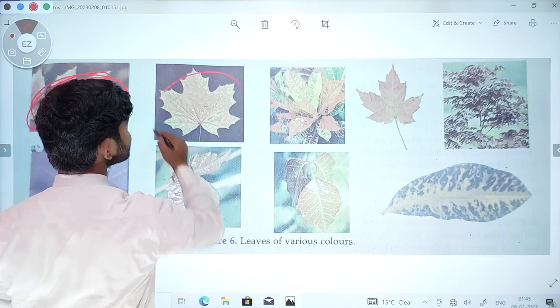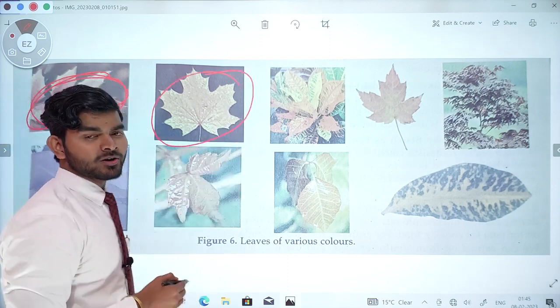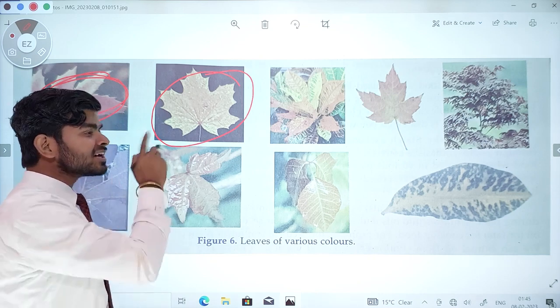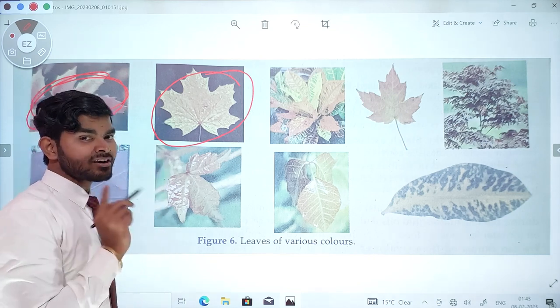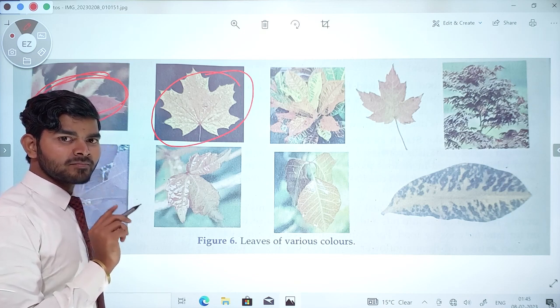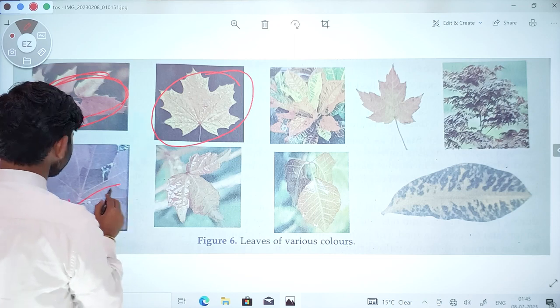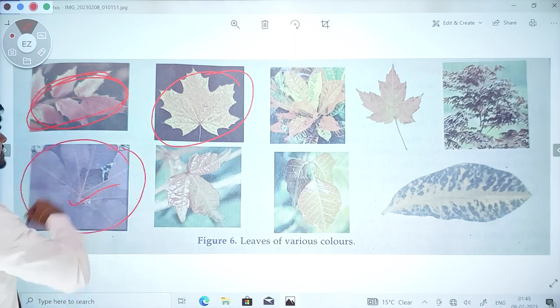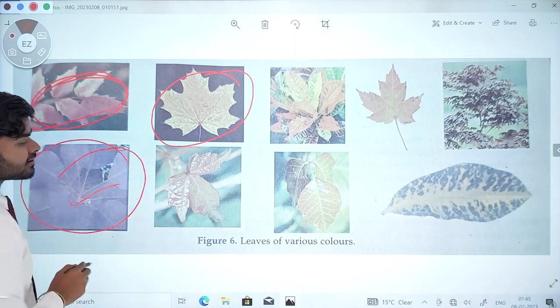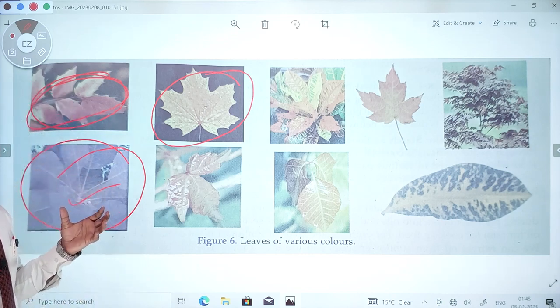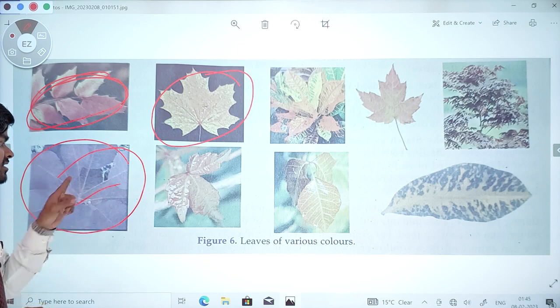Similarly, what about this one? This one is a yellow leaf, due to the yellow pigment. But you cannot ask me the name of that yellow pigment, because this is not in your study. Okay? Similarly, this one appears like a violet color, because some violet pigment may be available in this particular leaf.